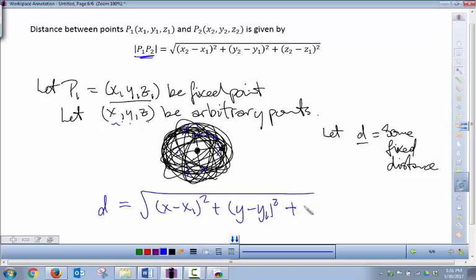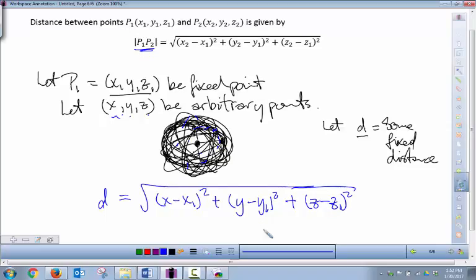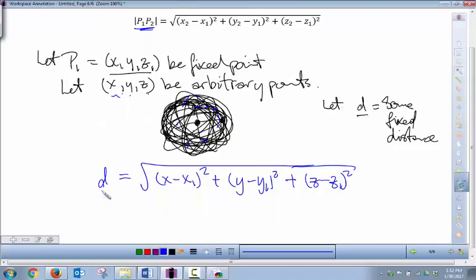If you square both sides, you get (x minus x1) squared plus (y minus y1) squared plus (z minus z1) squared equal to the radius squared.